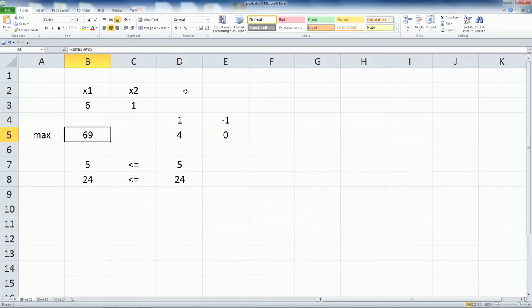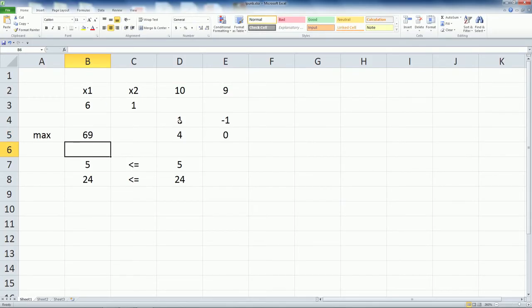So I can write here 10x1 plus 9x2, and we can write the objective function as equal to the value of x1 into 10 plus 9 into the value of x2, which is given by 69.